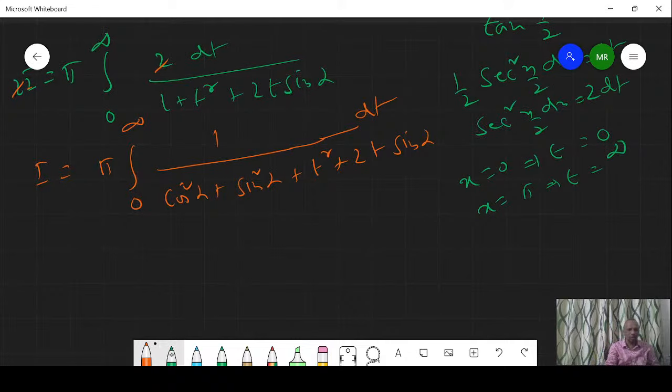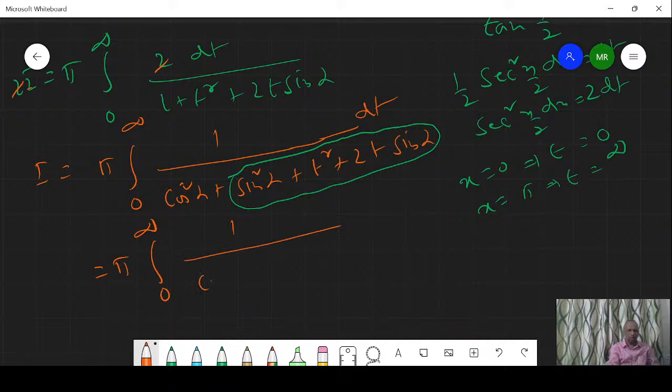If you observe this term, it is of the a plus b whole square form, sin alpha plus t whole square. So I can write pi into the integral from 0 to infinity of 1 by cos alpha whole square plus sin alpha plus t whole square. Check that: a square plus b square plus 2ab.